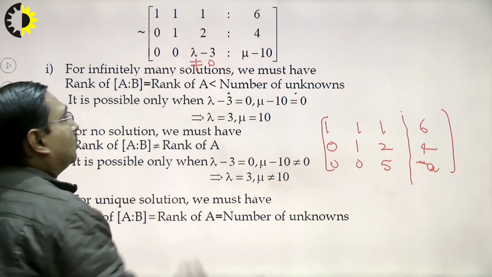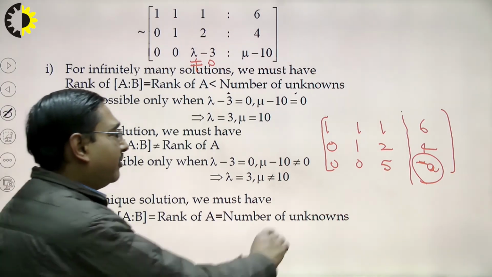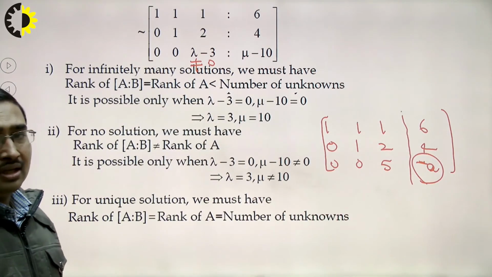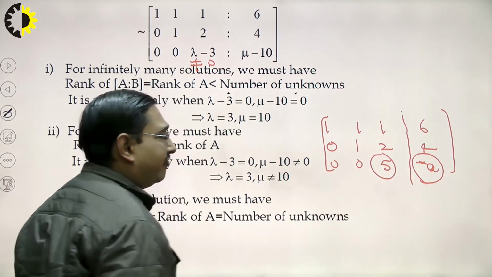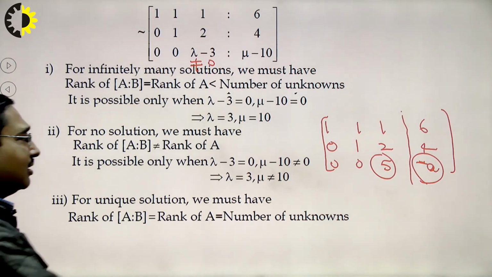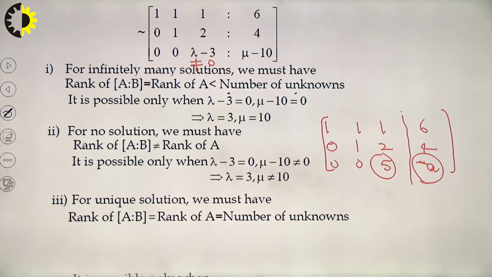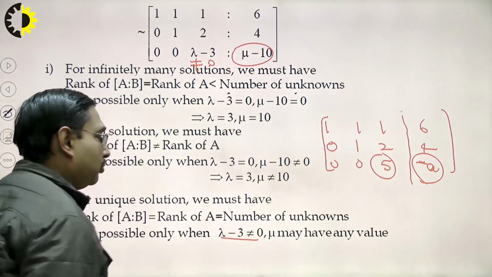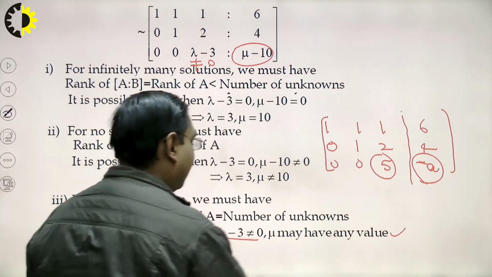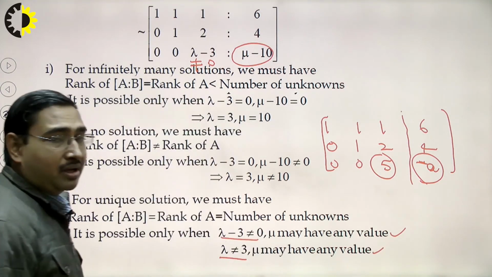Now, if this element is non-zero, then whatever this element is, the rank of this whole matrix will remain 3, because of this non-zero element the last row will be considered a non-zero row, and the last row for matrix A will also be a non-zero row. So, in this case lambda minus 3 must be non-zero, but there is no restriction on mu, and therefore mu may have any value. Thus, this system will have a unique solution if lambda is not equal to 3, and mu may be any number.